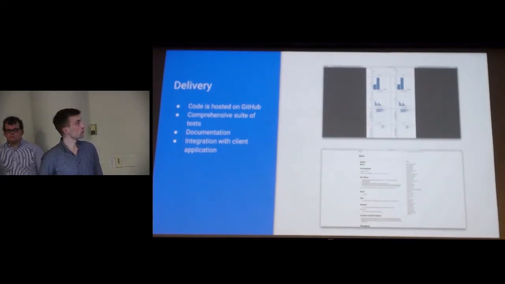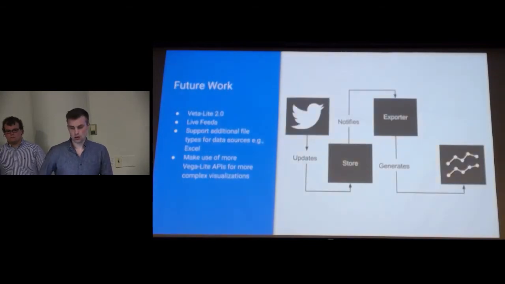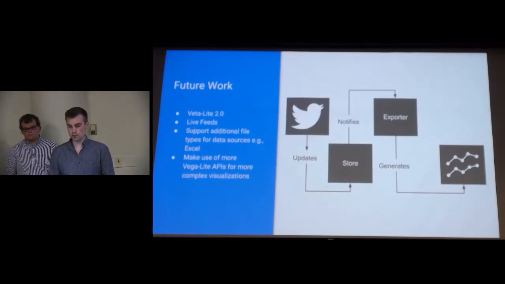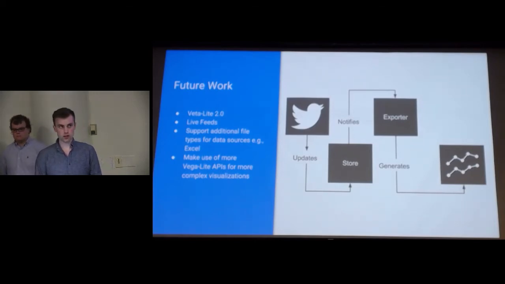Next, to build on the work we've done, we started to look at a new version, Vega-Lite 2.0. It's currently in beta. Once released, there will have to be some work done around integrating it into our library.